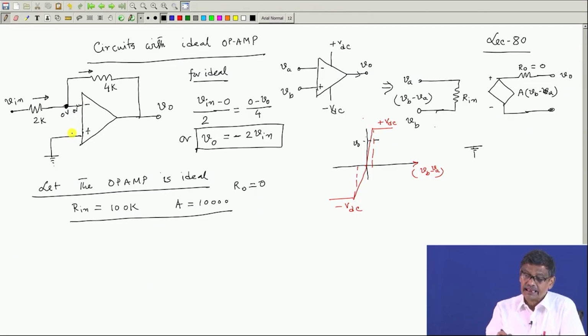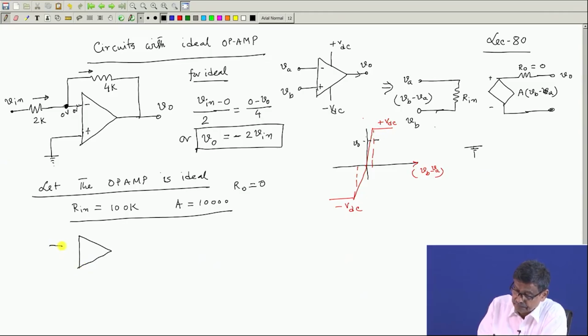So, what will be KCL at this point? So, it is now like this. This point need to be emphasized. This is grounded, I have grounded plus, and here there is a 2K resistance, and here I am giving you V in.